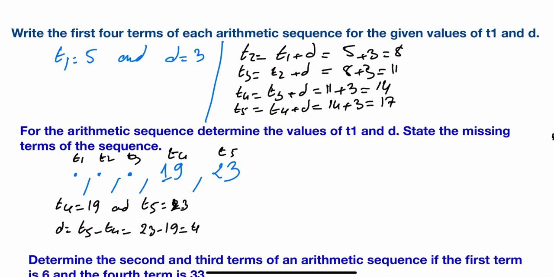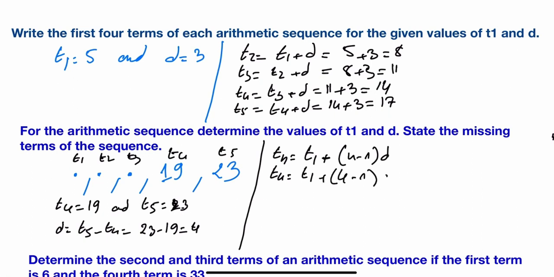Now we can directly go ahead and write our equation, which is Tn is equal to T1 plus n minus 1 times D. So we want to find T1. So we can use T4, for example. T4 is equal to T1 plus 4 minus 1 times D. So 19 is equal to T1 plus 3D.